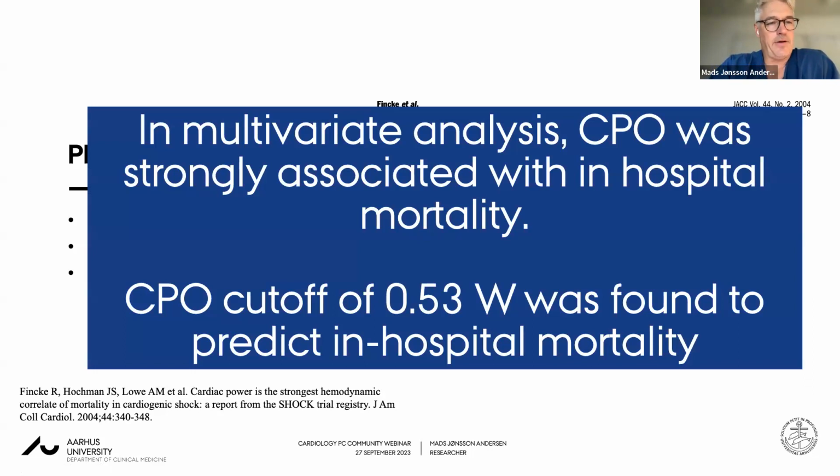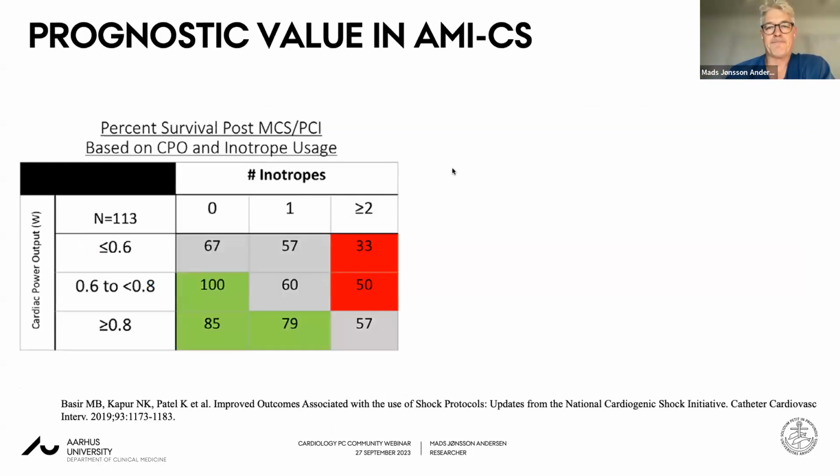A cardiac power output cutoff of 0.53 was found to predict in-hospital mortality. And this study was the claim to fame of cardiac power output, and it has since been shown to offer valuable prognostic information in other populations with cardiogenic shock associated with myocardial infarction.